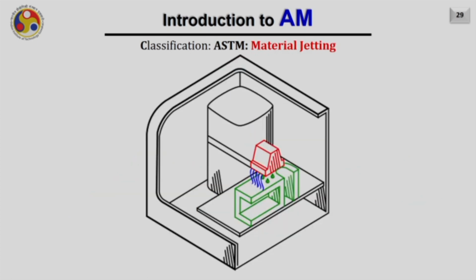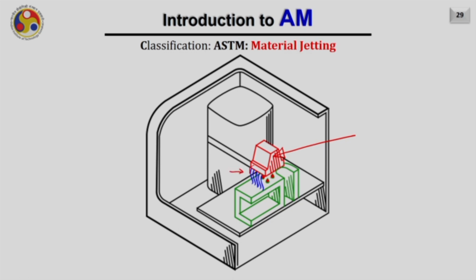Next is material jetting. In the case of material jetting, there is a head which can dispense the material, what you are seeing here, on a flat surface or substrate, and on the side of it a UV light follows.